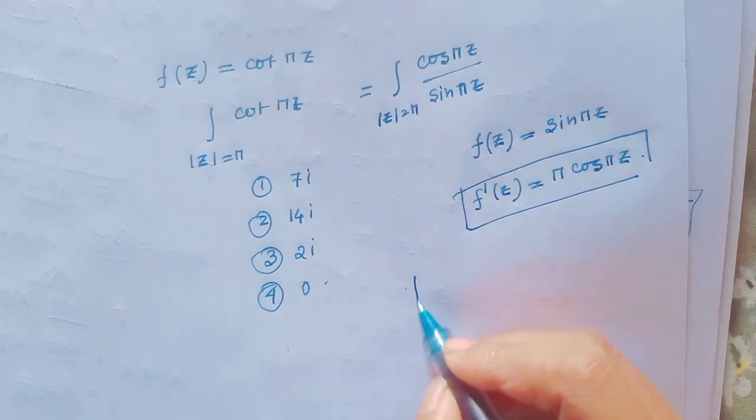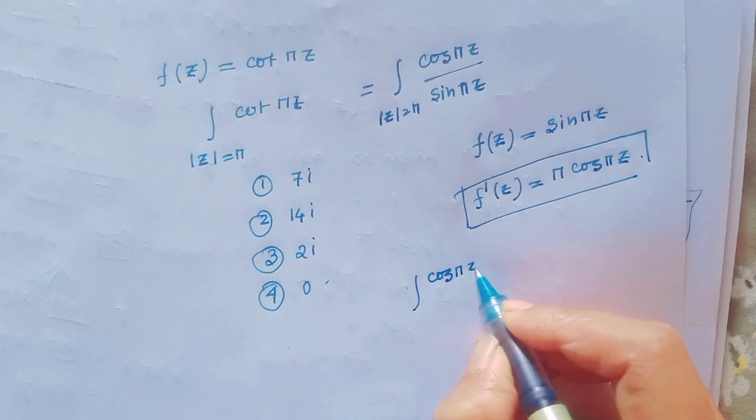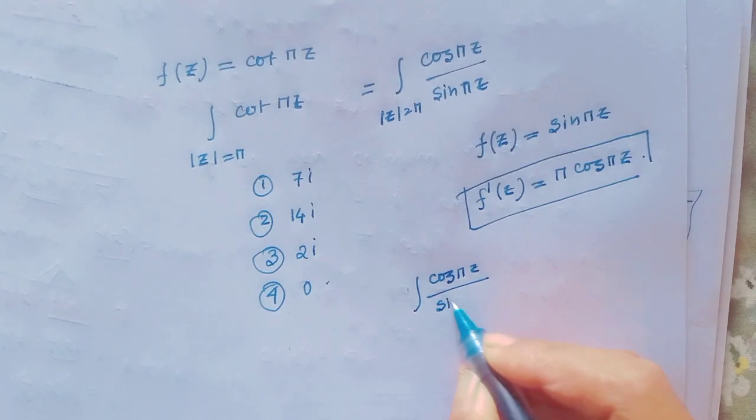Okay, and the integral over mod z equal to pi of cos pi z divided by sin pi z.